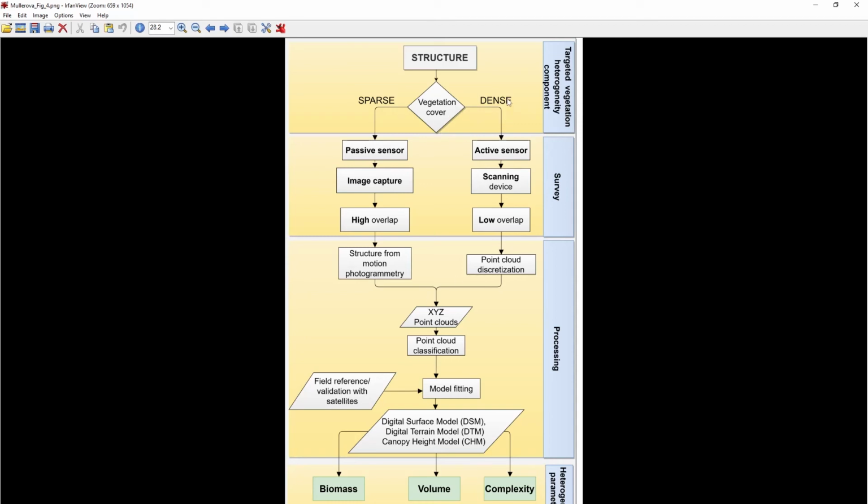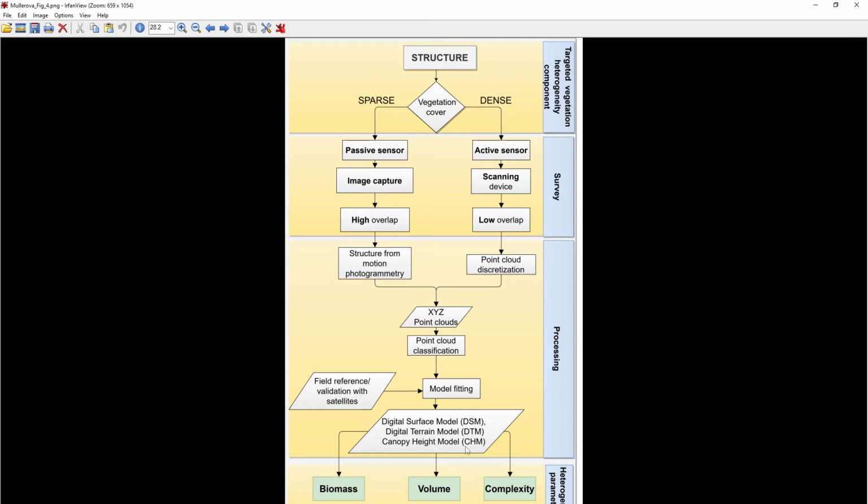In case vegetation cover is dense, like for example temperate forests, we would probably need an active sensor such as LiDAR that would penetrate the canopy, and we will have information not only from the top of the cover, but also from inside and from the ground. In such a case, we will have both the digital surface and digital terrain model, and we can easily derive the canopy height model.